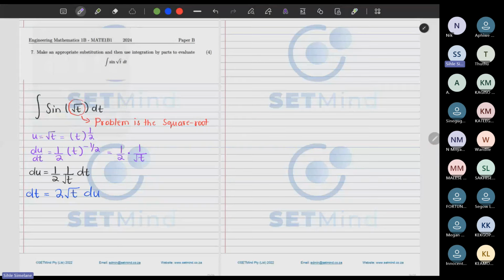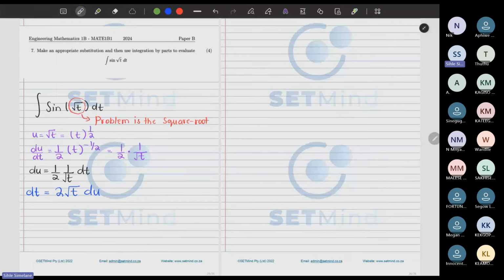So wherever we see dt in our equation, we replace it by 2 times square root of t du. But square root of t, we already know it is u. So wherever we see dt, we put 2u du, and wherever we see square root of t, we put u.